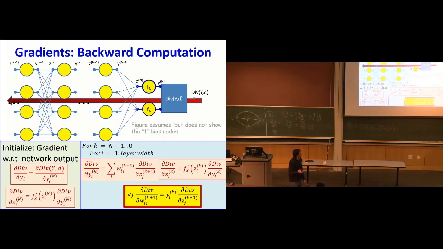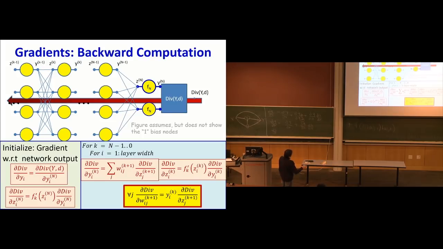So here is the overall backward pass for computing the derivative of the error with respect to each of the parameters for a single input. First, you compute the derivative of the divergence with respect to the output of the network. Then you take a step back and compute the derivative of the divergence with respect to these, then scroll your way backwards.